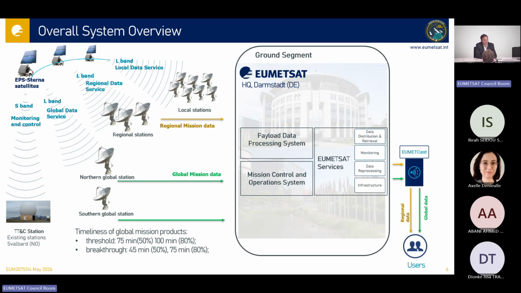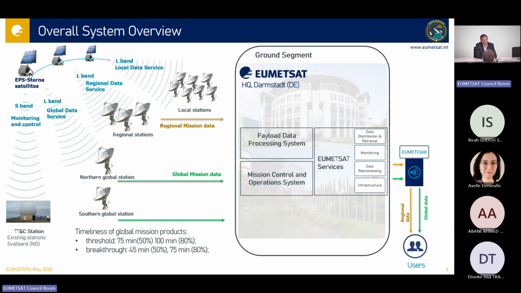The timeliness with this set of antennas for the global data, the threshold requirement, is 75 minutes, but with Punta Arenas, we will probably be below that. And if we get also McMurdo, we'll go below 1 hour.